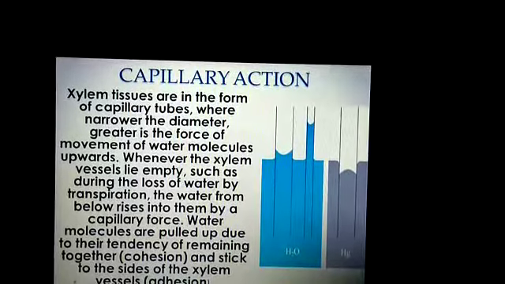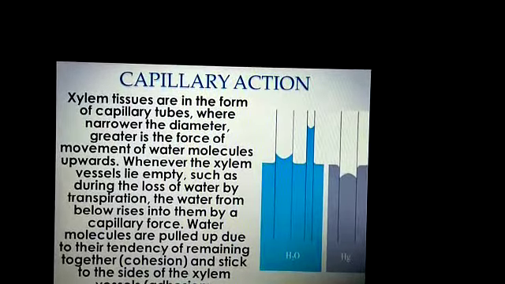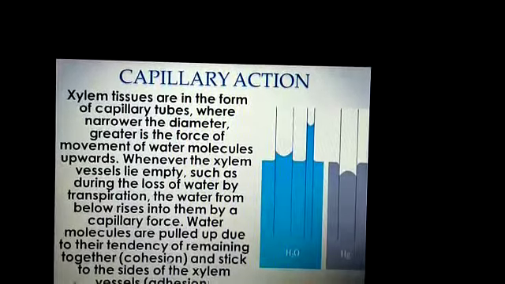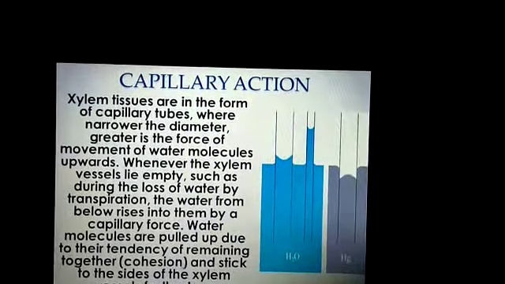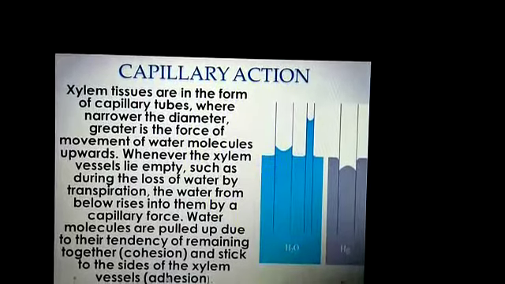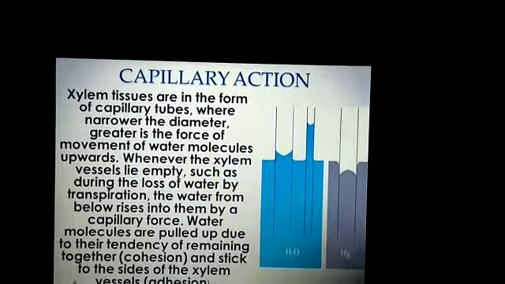So in the water molecules there are two types of force: cohesion, which helps the water molecules to remain together, and adhesion, by which the water molecules stick to the wall of the xylem vessel.